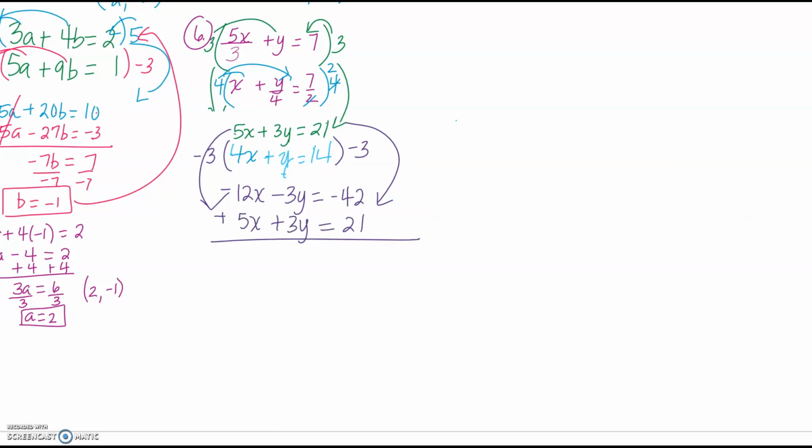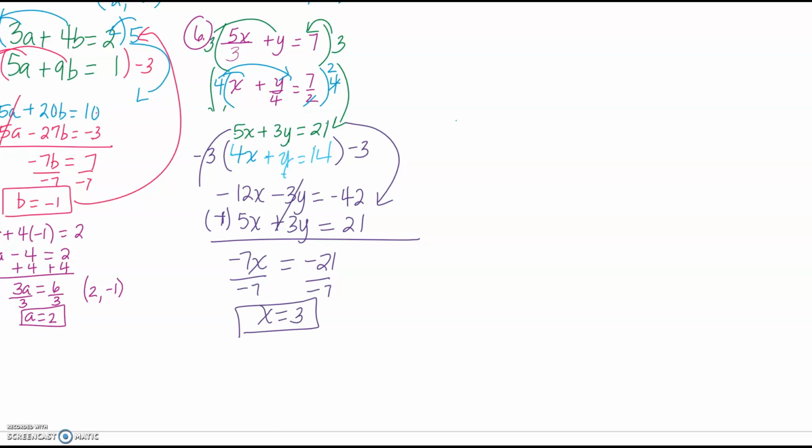I'll add those together. When I add those together, I have -12x plus 5x equals -7x. And remember, I'm adding all of that together. The -3y plus 3y goes away, and -42 plus 21 gives me a -21. I divide by -7, and x equals 3.